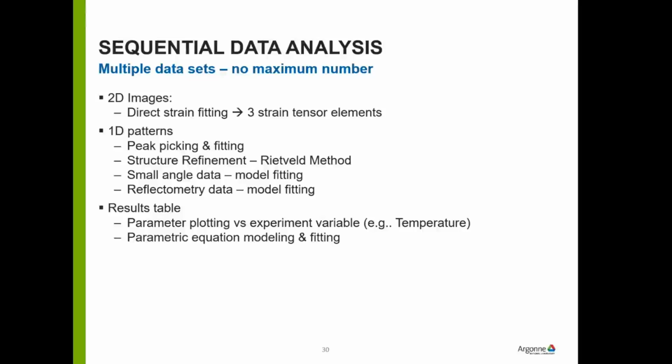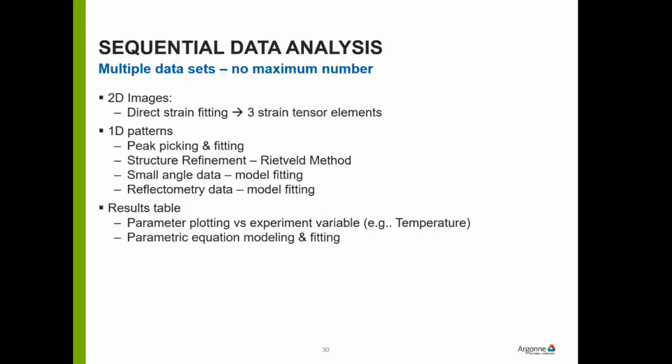If you have one-dimensional patterns, more typical, you can do this for individual peak bits. You can do Rietveld refinements over multiple data sets. You can process small angle data sets and do model fitting over a sequence of data sets.